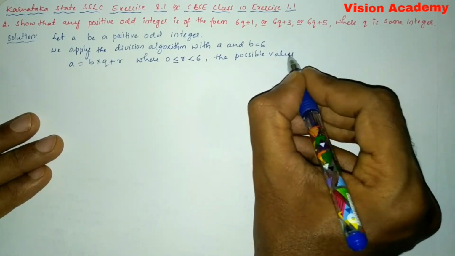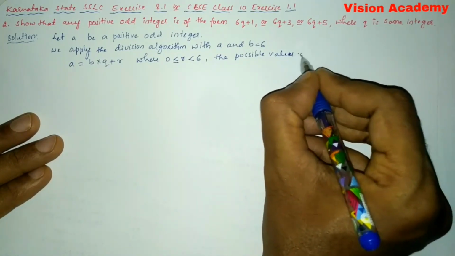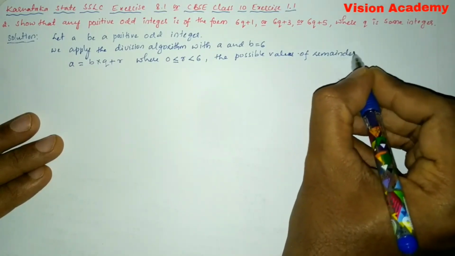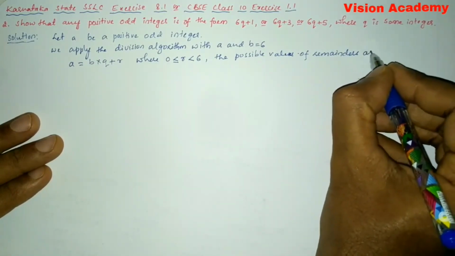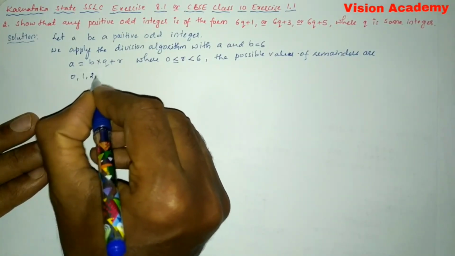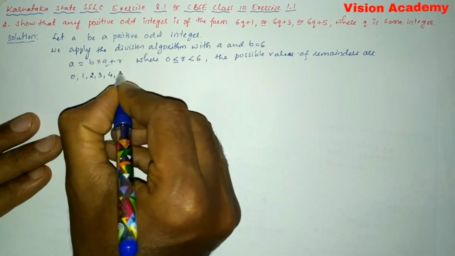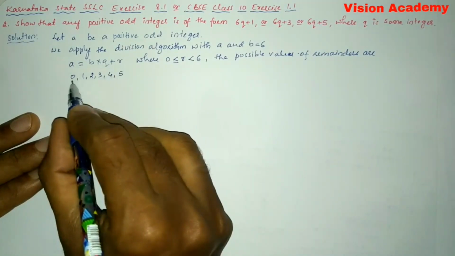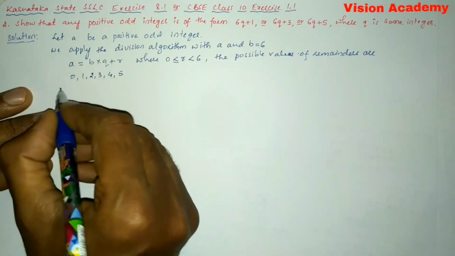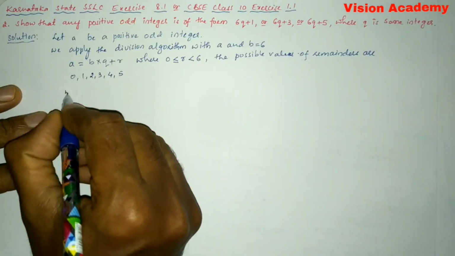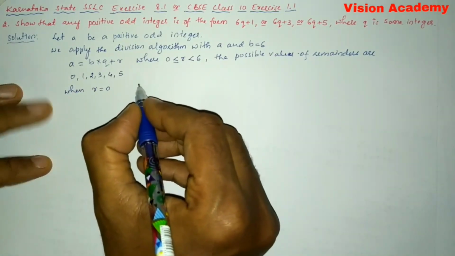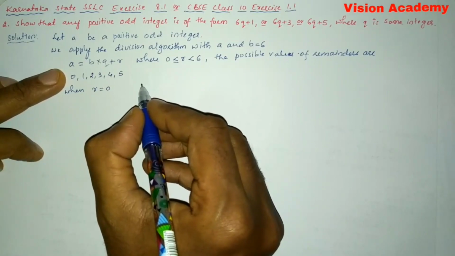Now we'll write the possible values. The values of remainders are 0, 1, 2, 3, 4 and 5, because from 0 to 5 there are a total of 6 remainders. Now when remainder r is equal to 0, we can substitute in this particular formula.